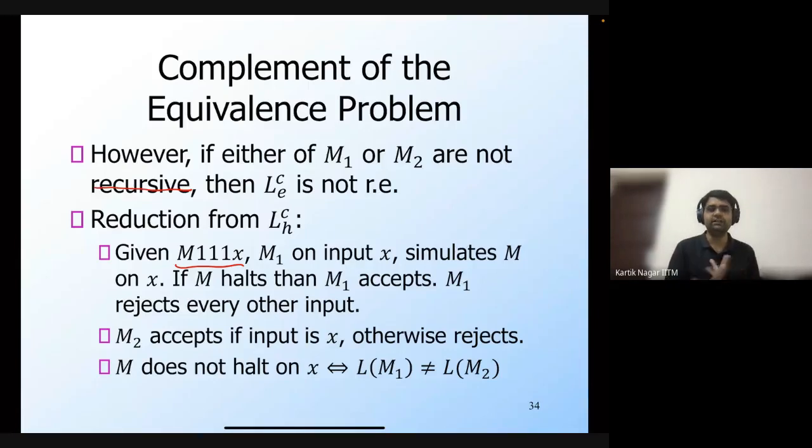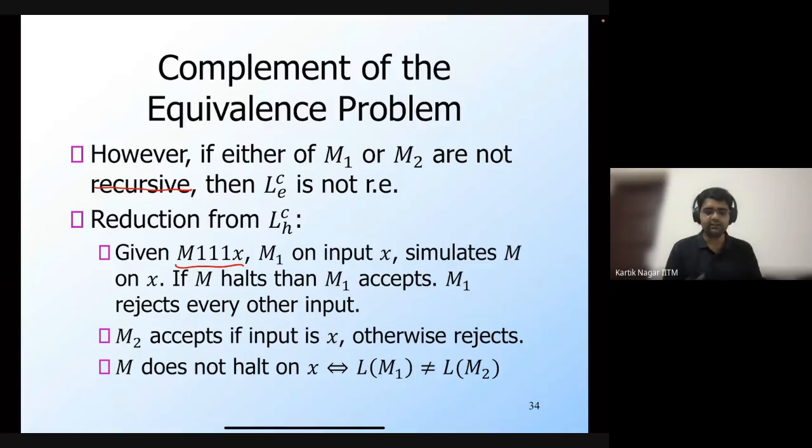And for every other input that M1 receives, it's simply going to reject. So this means that language of M1 is going to contain the string x if M halts on x, and if M does not halt on x, then the language of M1 is going to be empty.